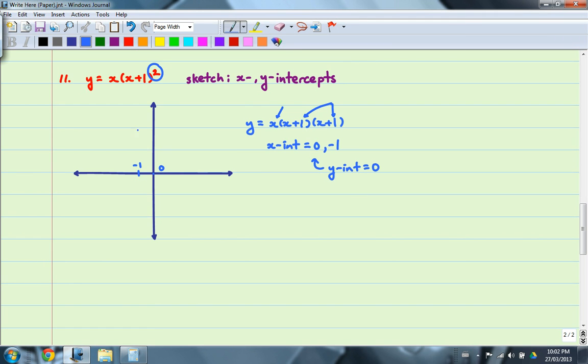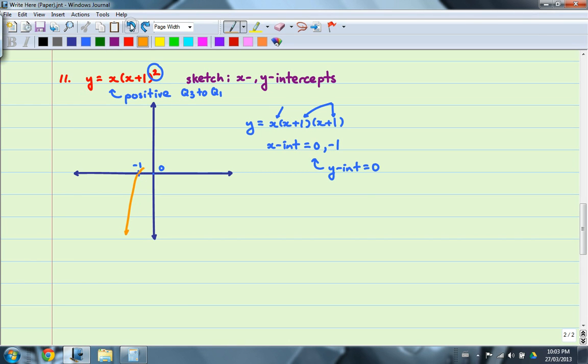So all this is going to do is the following. One last thing, of course, it is positive. And that tells you the behavior, which is that it's going to go from quadrant 3 to quadrant 1. So it's going to come from the bottom here, like that. Goes up, not too much.